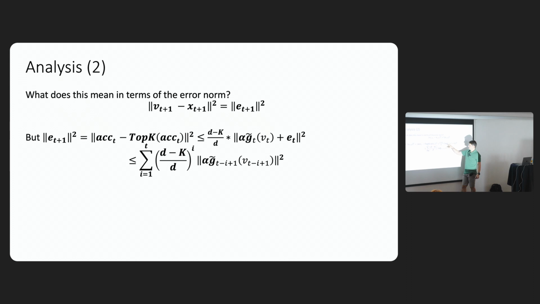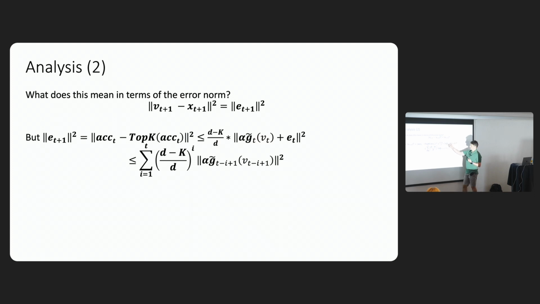So here I replaced the accumulator with the gradient plus the previous error. Okay, this is just 2 steps: this is the norm of the accumulator, but this is also the definition of the accumulator. Okay, so notice that this suggests we should be doing some kind of induction or iteration, right?